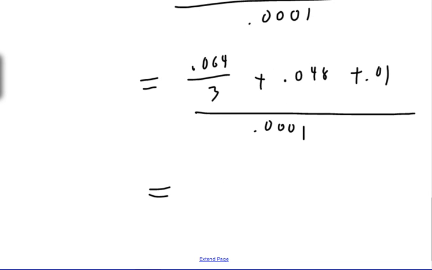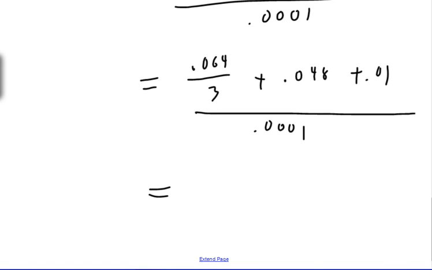Is it time to get our calculator out yet? 0.064 divided by 3 plus 0.032 plus 0.01, divided by 0.0001. Boom.